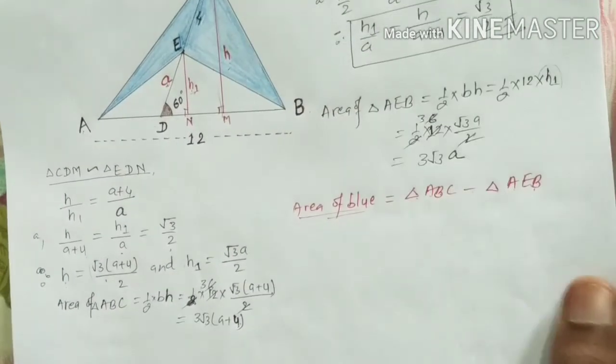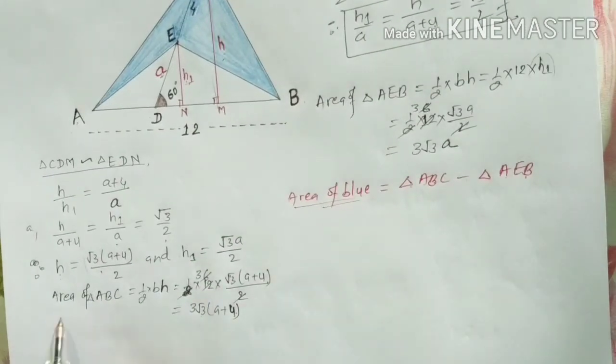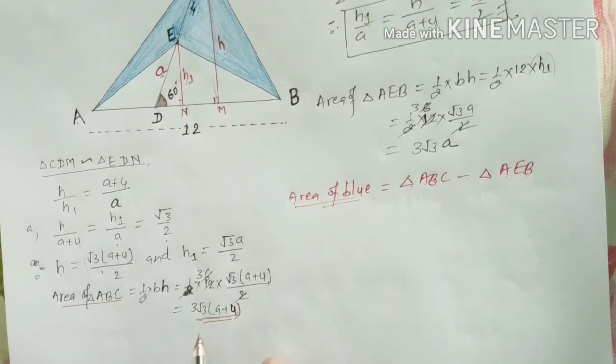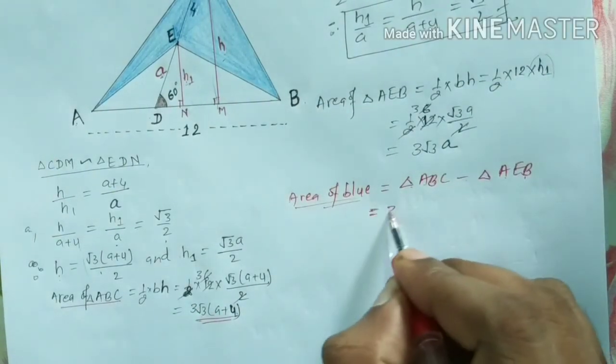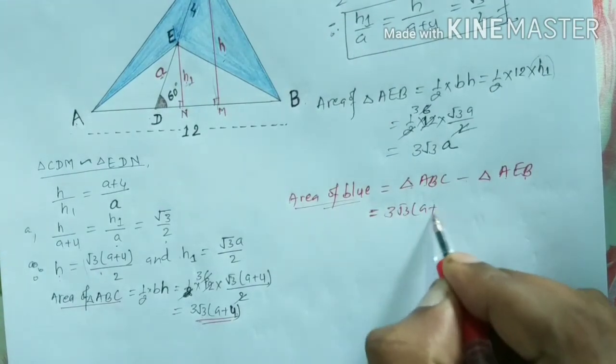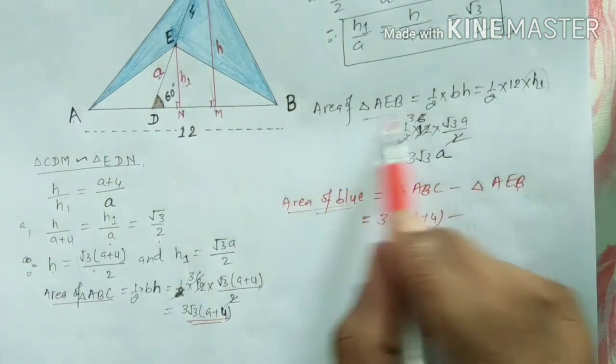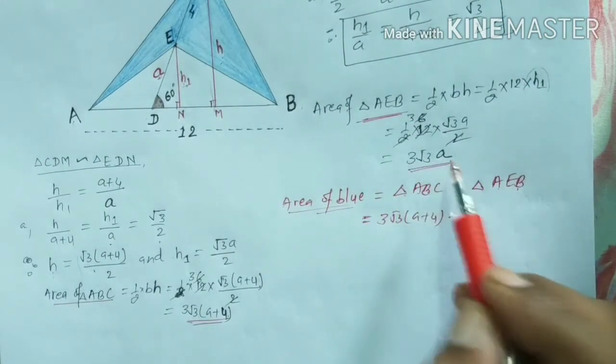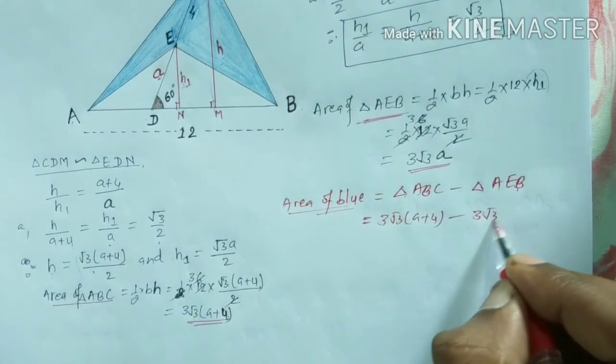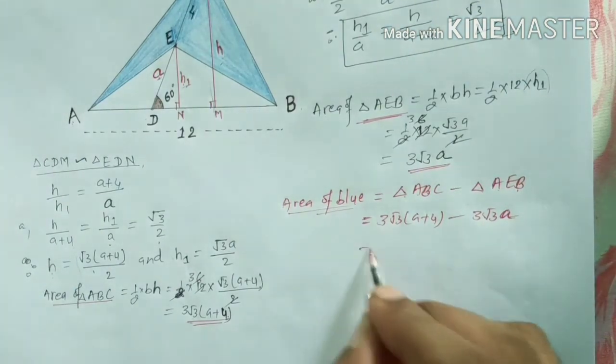Now triangle ABC has the area 3 root 3 times (a plus 4), so we can put its value here, minus the area of triangle AEB, which is 3 root 3a. Now we will solve this.